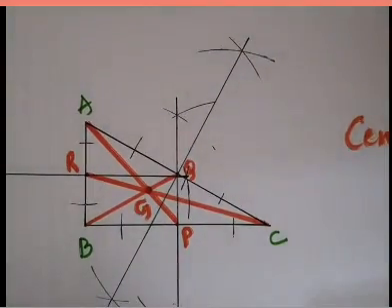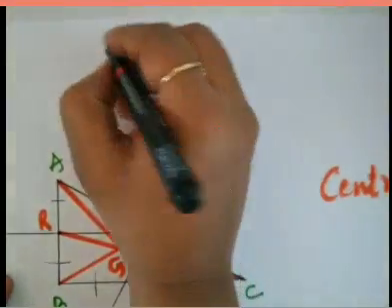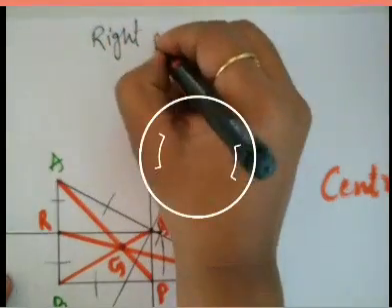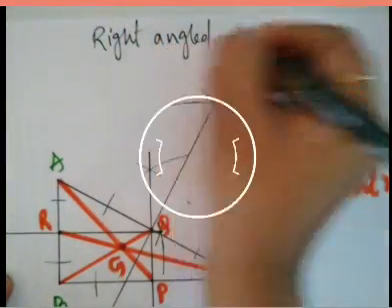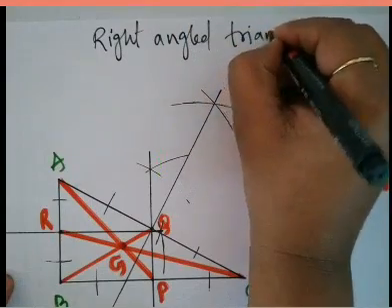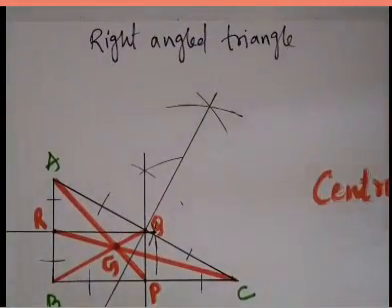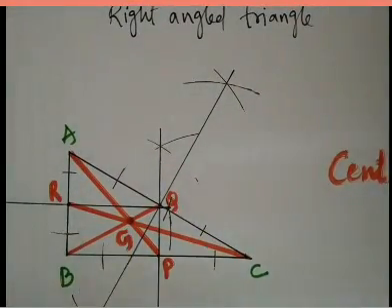Okay, so here again this is a right angle triangle. Now in a right angle triangle you have seen that the centroid we have got inside that triangle.